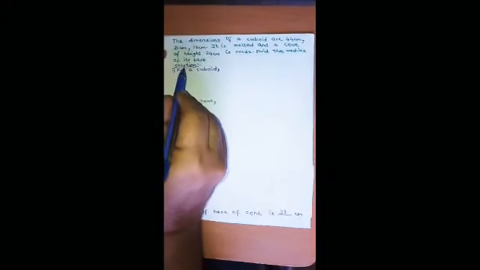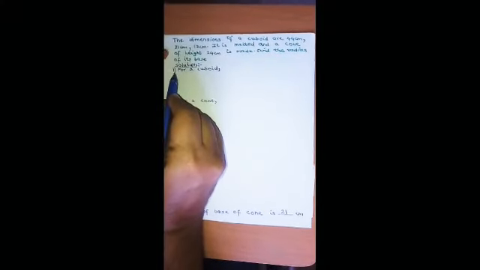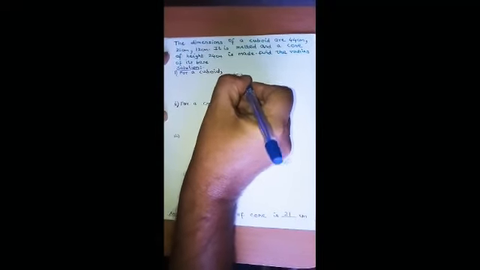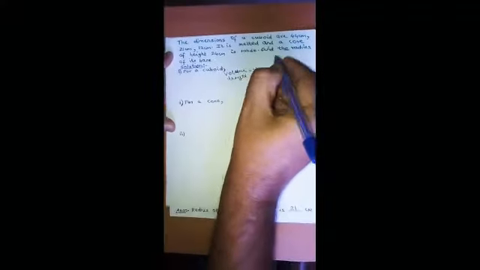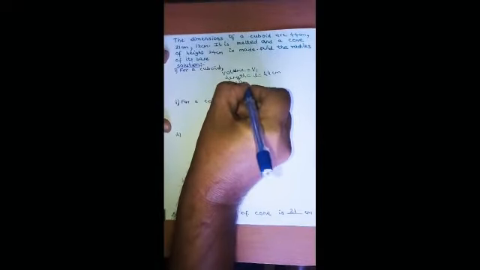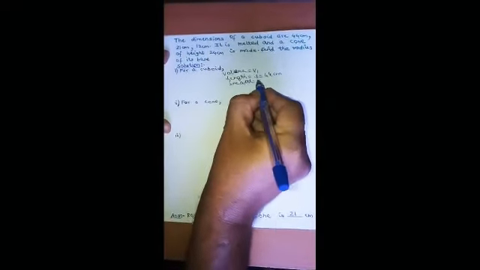So now here we can say that in the first step for a cuboid we can take volume as V1, length equal to L equal to 44 centimeters, breadth equal to B equal to 21 centimeters, height equal to H equal to 12 centimeters.